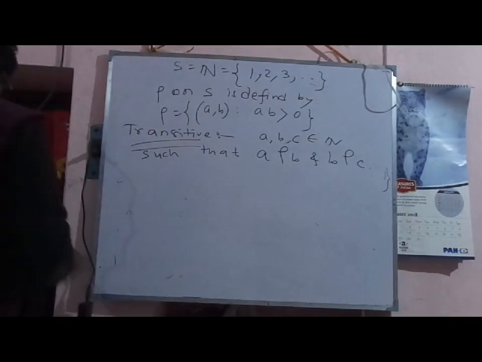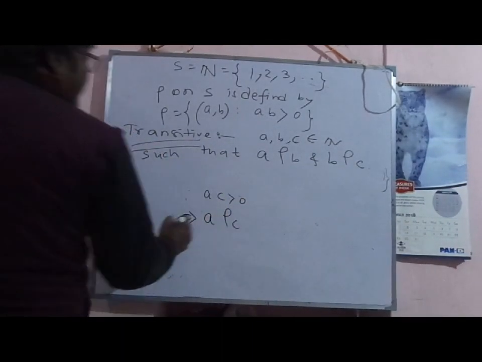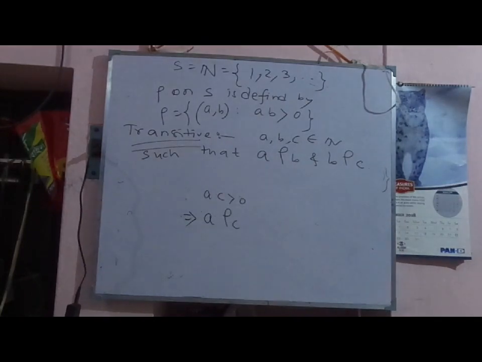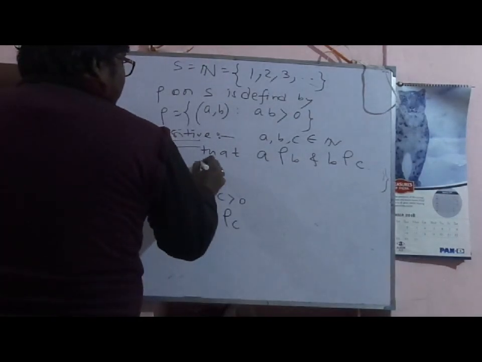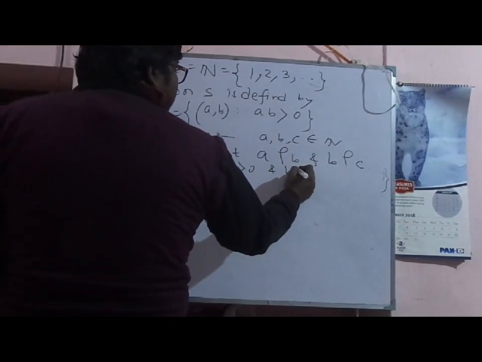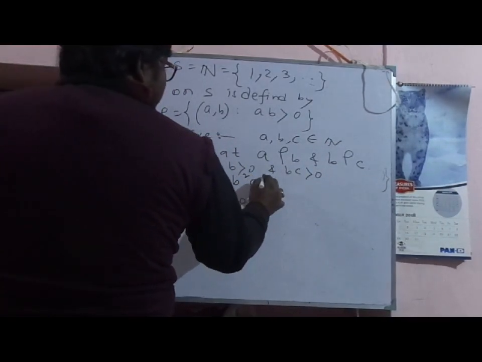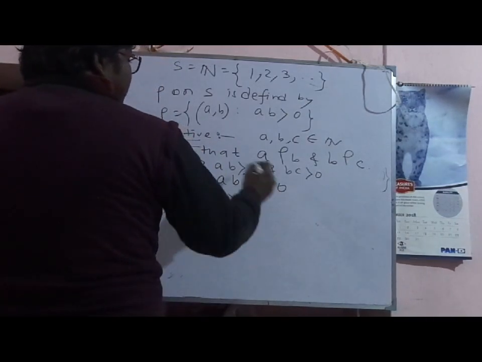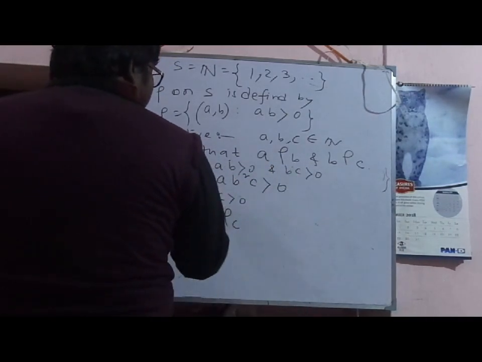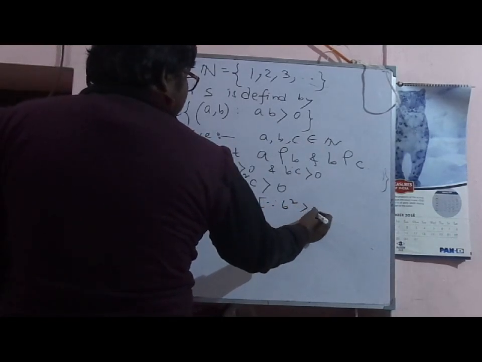If a is related with c, then I have to show that ac is greater than 0. What is the process? If a is related with b and b with c, then ab greater than 0 and bc greater than 0. We multiply the two inequalities, which implies that a b squared c is greater than 0. That implies that ac is greater than 0 since b squared is greater than 0.